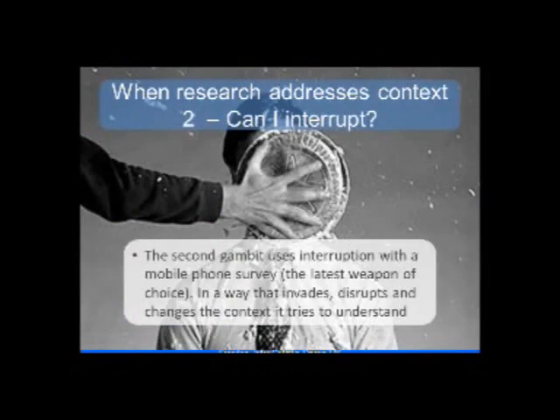The second way, and this is why mobile is so important and central to this discussion, is to use interruption with a mobile phone survey, which is the latest weapon of choice.